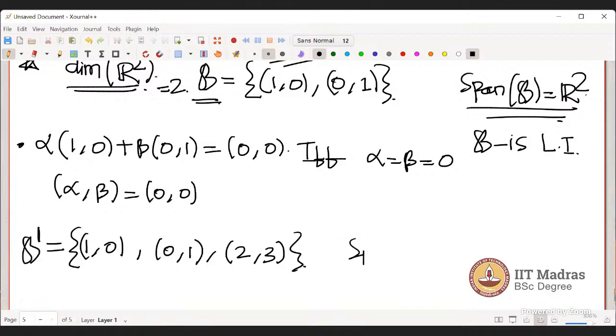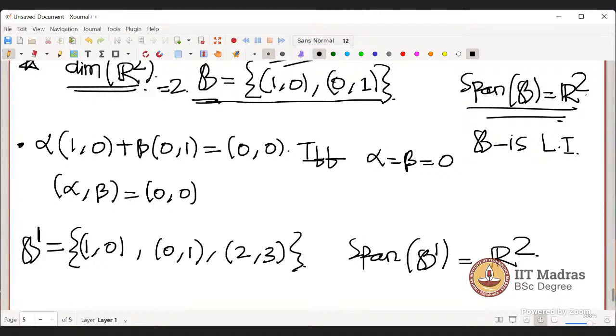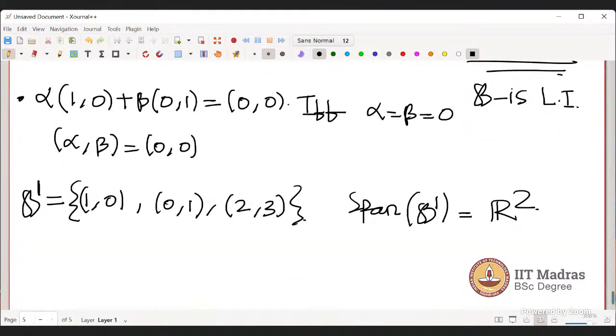Here the span of B dash is R2, because the span of B is R2, which means the span of B dash is also R2, right? Yes. But I cannot take the cardinality of this set as the dimension of the space, because then it will become 3. You will get a different value. You need the linear independence condition. As you can see, this set is not linearly independent.